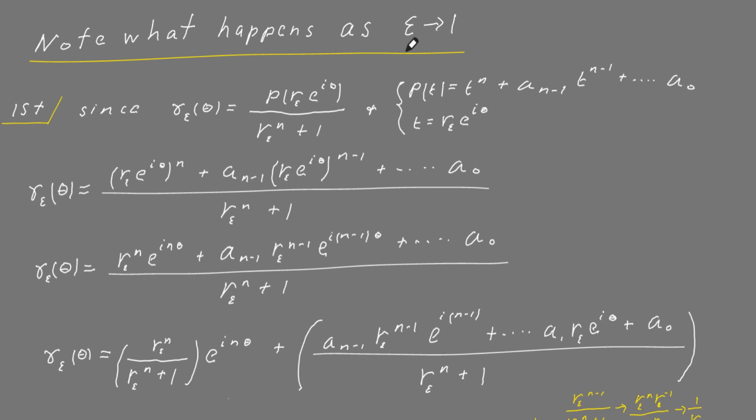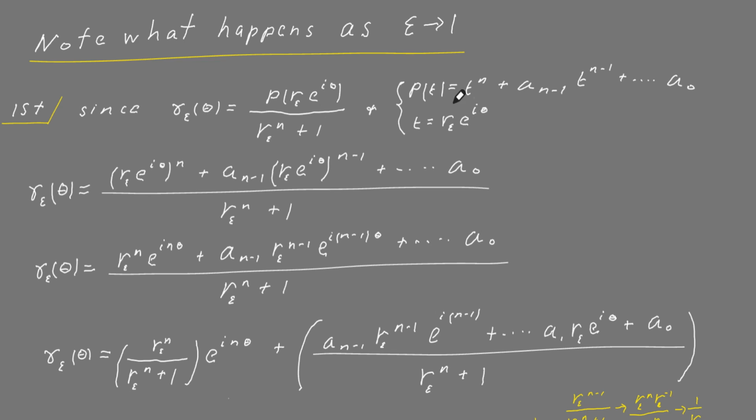Now what happens as epsilon approaches 1? Here's our definition of gamma from above, with p defined like this, and t being equal to a point on one of the circles. And what I'm going to do is substitute this expression for p into here with t equal to this.